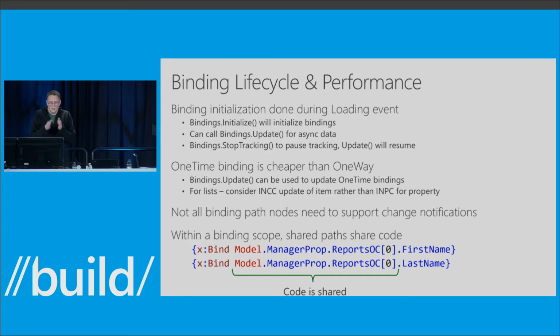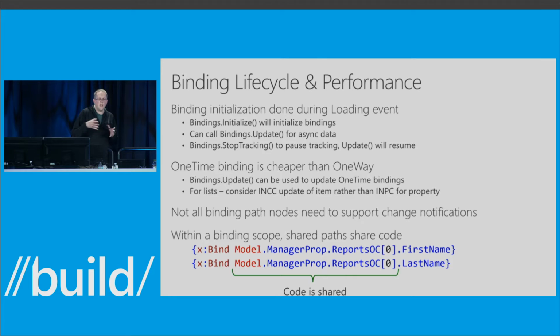For the model, the manager property, the reports ObservableCollection, and the index into that, those were shared and common between them. So we'll generate one function for each of those steps, and it's only where things are divergent that you actually get extra code generated. So we're pretty efficient at sharing the binding expressions between multiple bindings within that same scope.